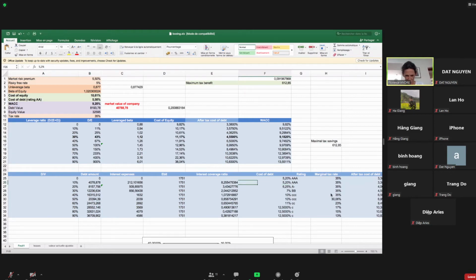To have interest expenses, we take the debt amount multiplied by the cost of debt. Then we have interest expenses of 212 million. We have the EBIT, and then we can calculate the interest coverage ratio, that is equal to the EBIT divided by interest expenses. Then we have an interest coverage ratio of 8.25.